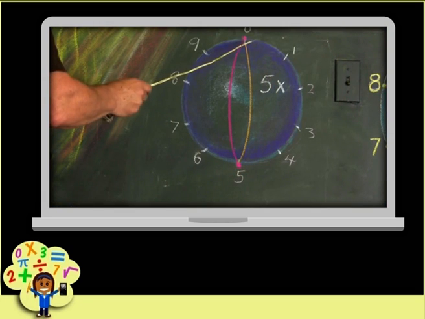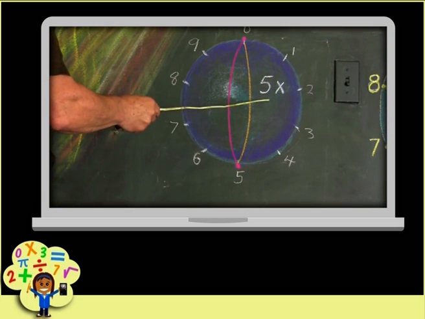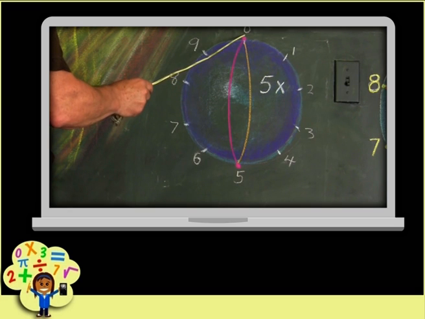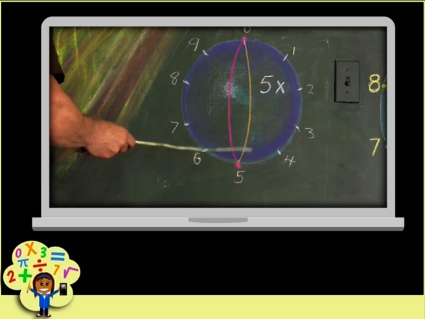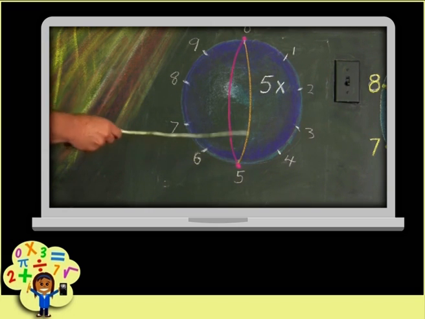Now this circle will show us the 5 times tables. A little different than the others because 5 times always ends in 0 or 5. So it's just like a calculator here. We're going back and forth.